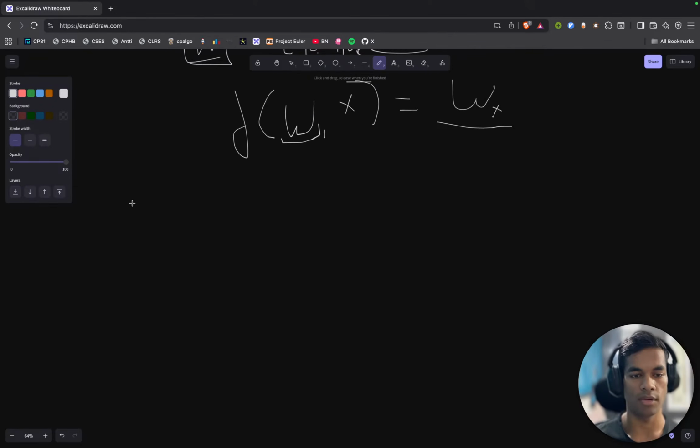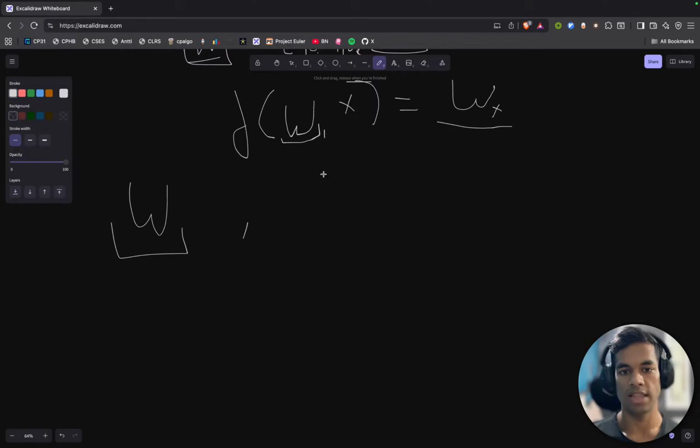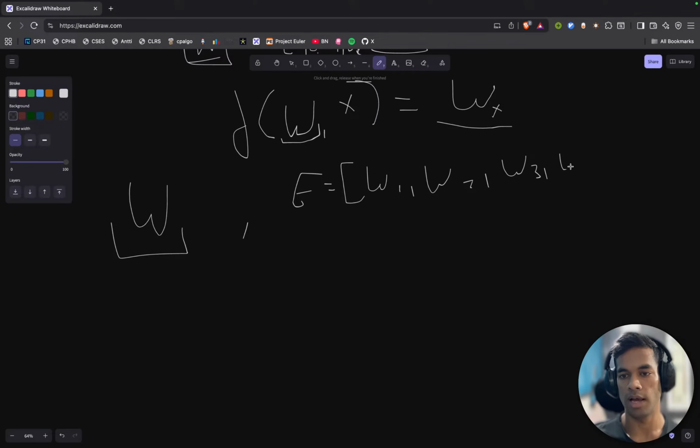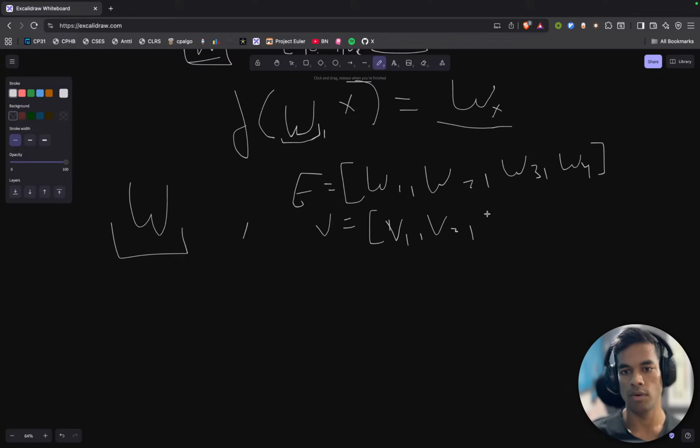Okay, let's define it again. W is the total weight, and the elements have weights W1, W2, W3, and W4, and they also have values which are V1, V2, V3, and V4.